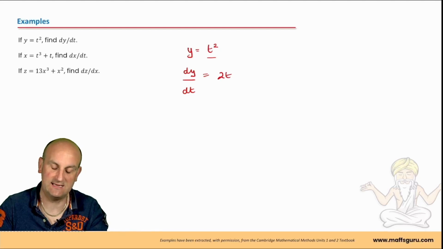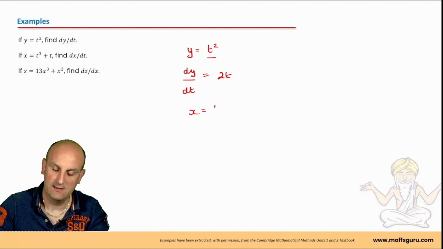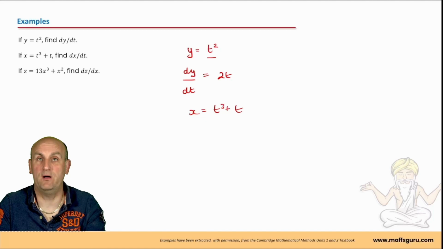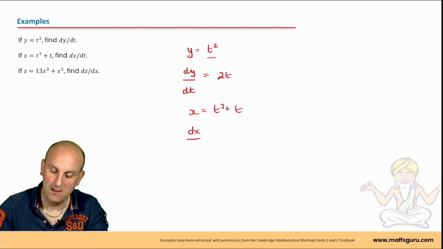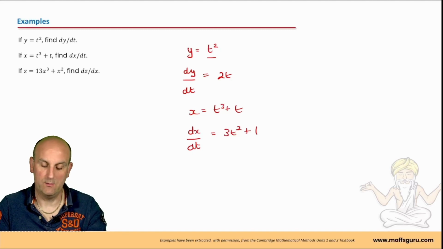What about the next one? x is equal to t cubed plus t. Well, now I can't do dy by dt because it doesn't start with a y. But I can do dx by dt, which gives me 3t squared plus 1. And what about the next one?